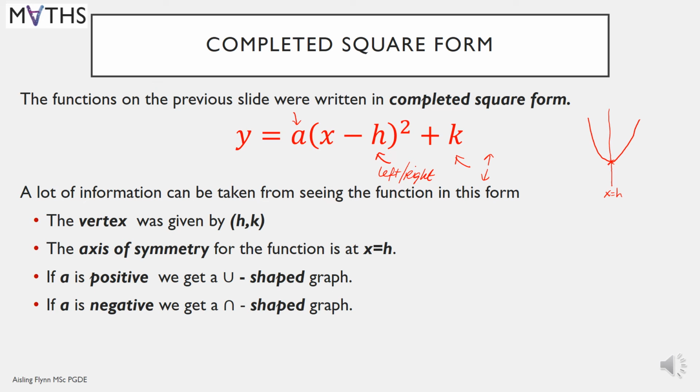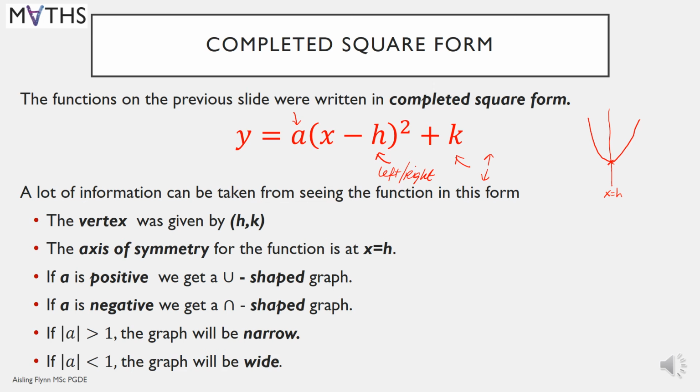And if a is negative, we get a hill-shaped graph. Also the value of that multiplier a: if the absolute value of it is bigger than 1, then the graph will be narrow. And if the value of it is less than 1, the graph will be wide. So lots of information when a quadratic function is written in this form.